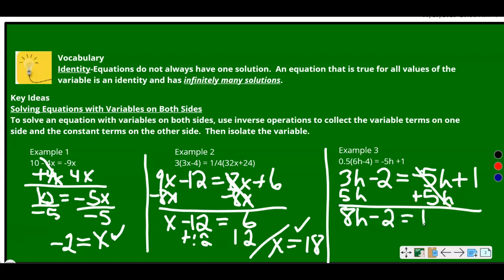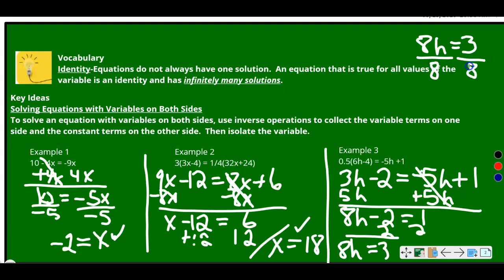Bring down my 1. So I'm going to add 2, and I'm going to have 8h equals 3. All right, I'm kind of running out of room here. I'm going to come up to the top of the page here. 8h equals 3. Since I have multiplication, I'm going to divide, and h equals 3/8.